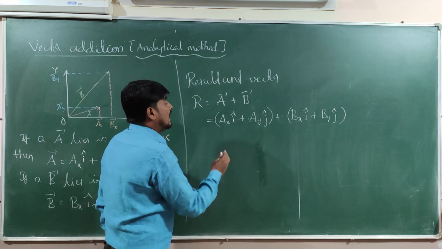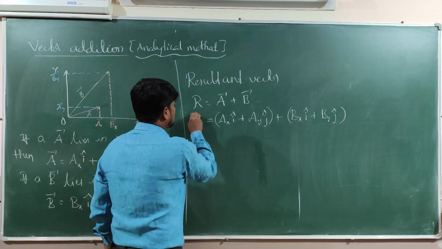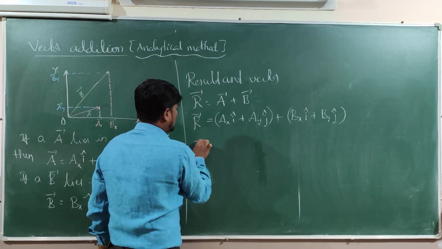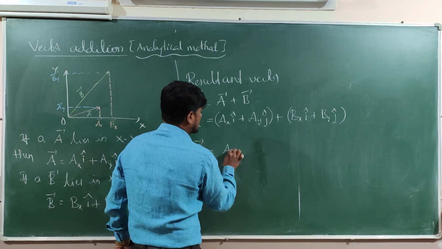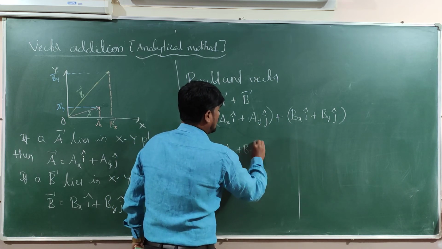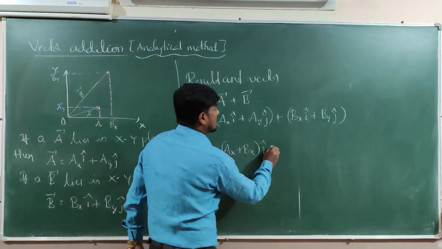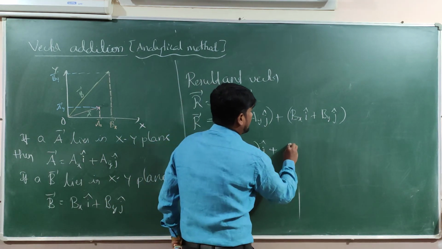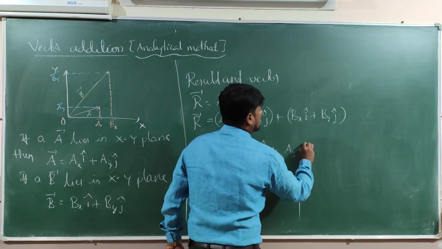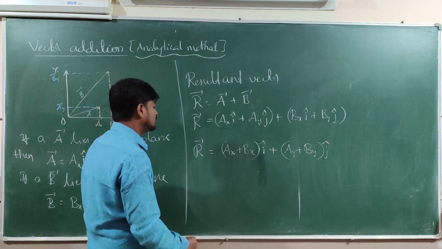Then I will separate the i cap terms on one side and the j cap terms on the other. So vector R is equal to, look at this, Ax plus Bx times i cap, one set. The second set is given by Ay plus By times j cap.